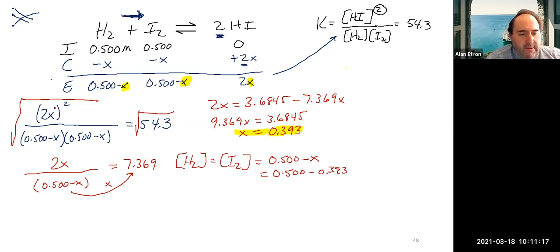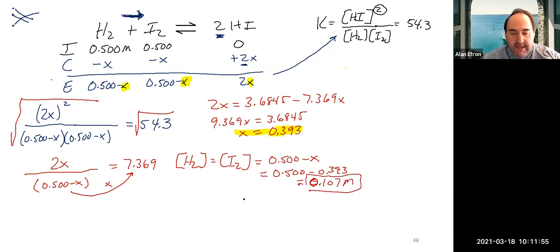Let me see here. If you went quadratic as well, you should end up with really the same answer, so I would just double check to make sure. In terms of the concentrations, it would be 0.107 molar for each of those.